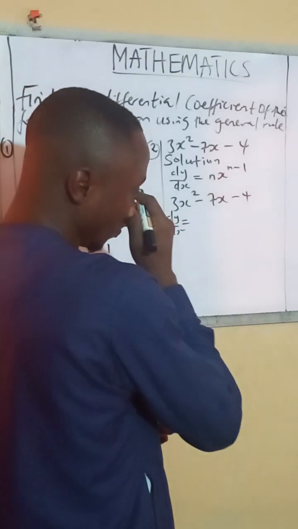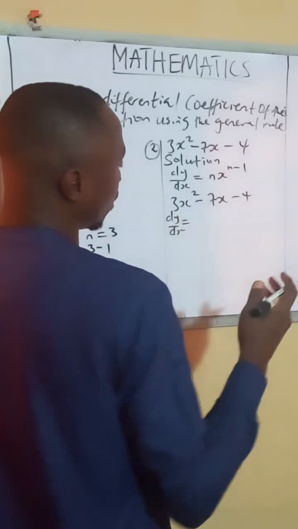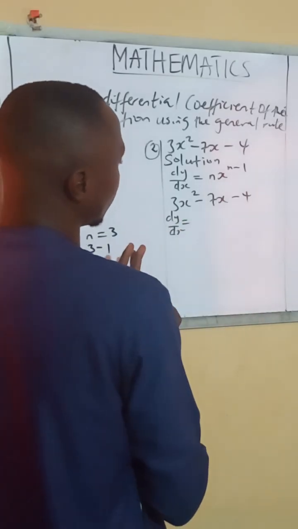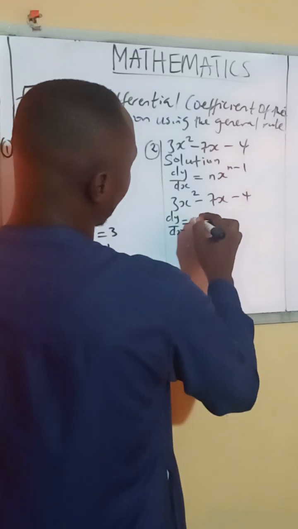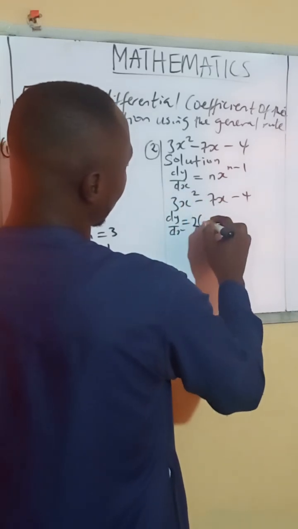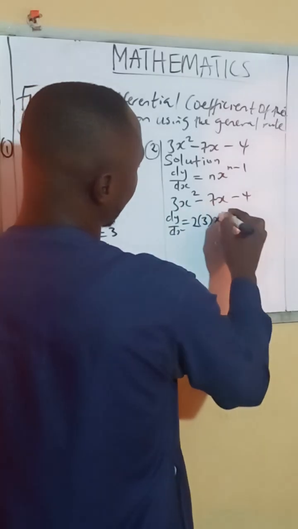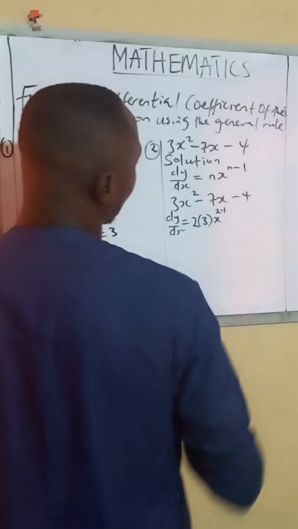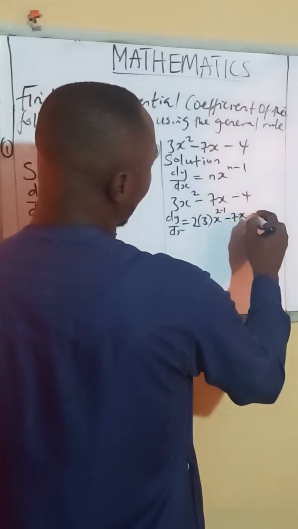We have 2 here. Since we have 2 here, the same method that we applied here, we're going to apply the same thing also. So these 2 goes to the front, then we have this as what? n minus 7x.